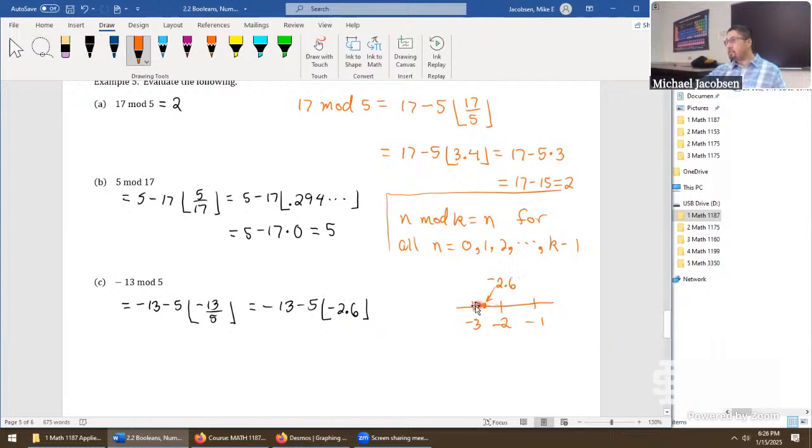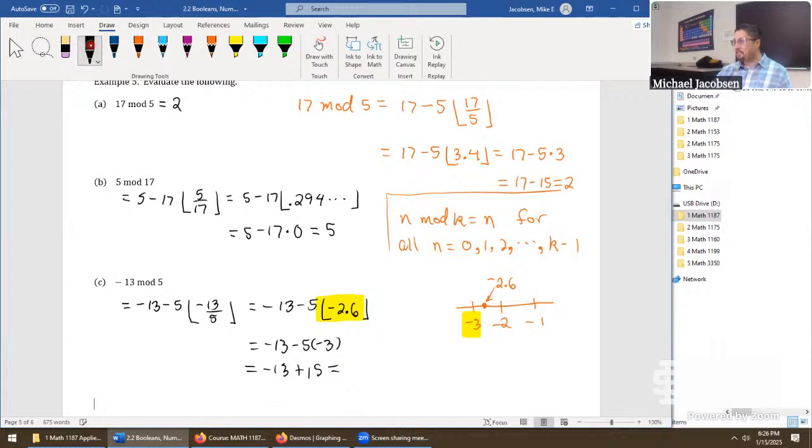Here, we round down to the next nearest integer, so the whole value will be negative 3 in this expression. So now we've got negative 13 minus 5 times negative 3, so this turns into negative 13 plus 15. So now we know negative 13 mod 5 is positive 2.